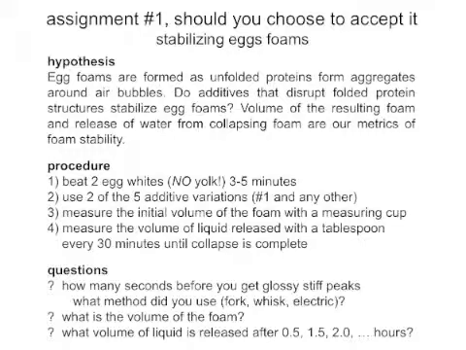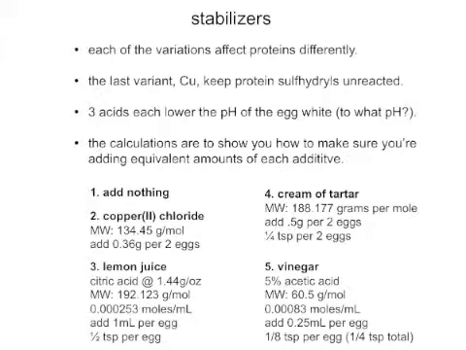Now, let's look at the different additives that we can use to try to stabilize that foam. Each of these variations affects the proteins differently. Again, egg white is mostly protein, and we can control the way they denature depending on the conditions that we use. Let's skip the copper for a second and just talk about the acids.